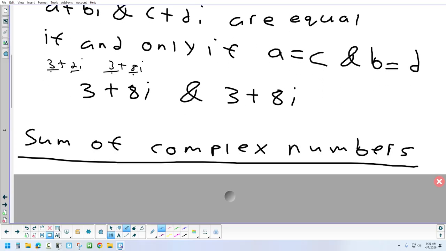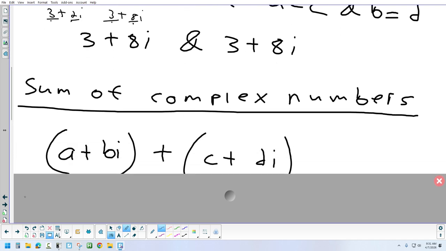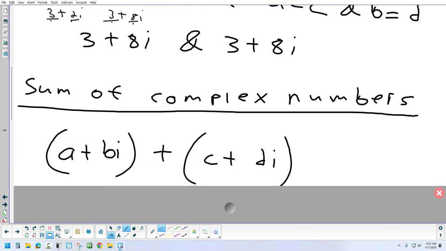All right, so the next 4 things we're going to look at are add, subtract, multiply, and divide. Okay, we'll do add and subtract today, and then tomorrow we'll pick up with multiply and divide. So let's say we had to add those two complex numbers.